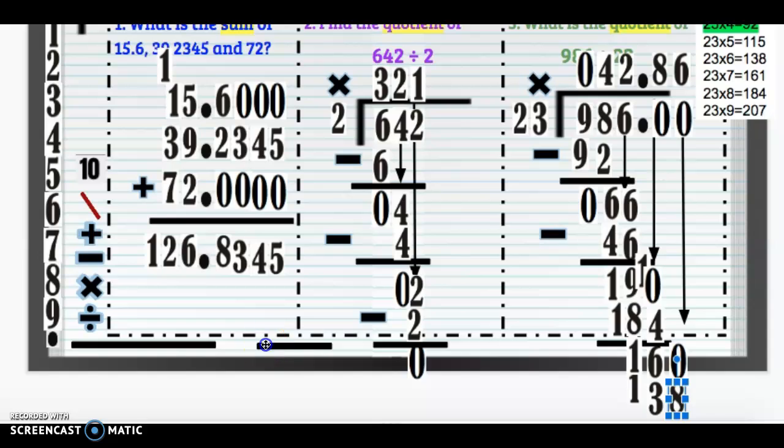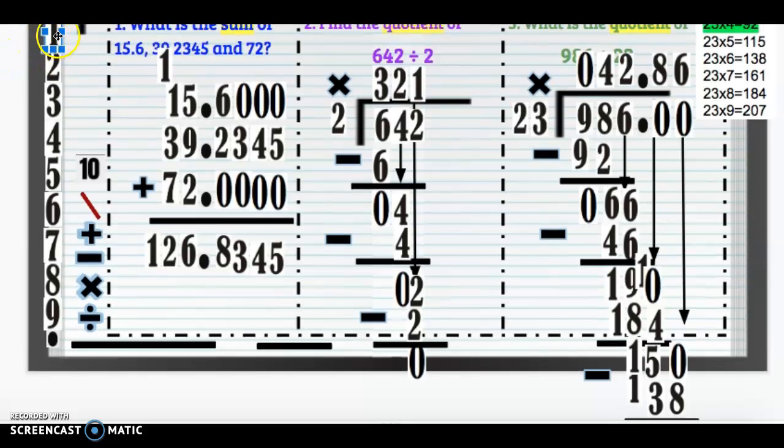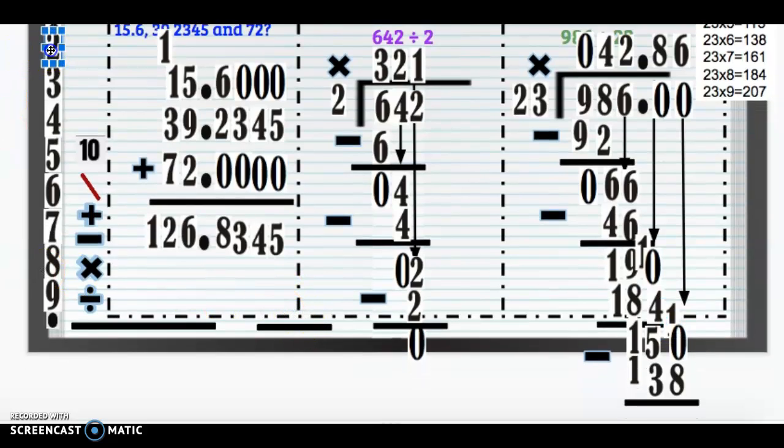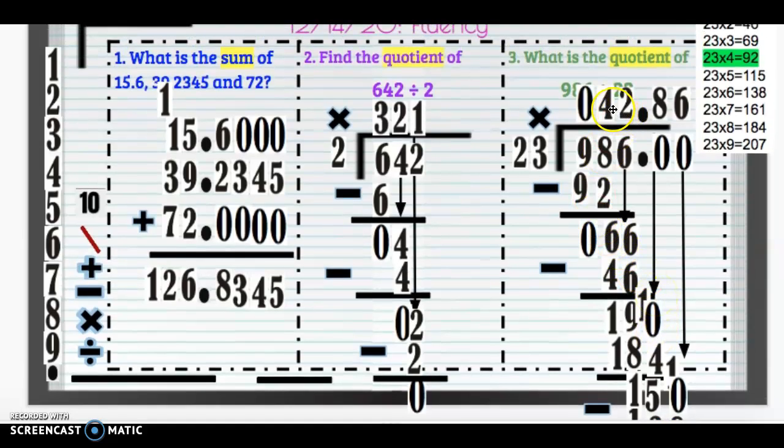All right, and then you're going to subtract that. 0 minus 8 I can't do, so the 6 becomes a 5, and the 0 becomes a 10. 10 minus 8 is 2. 5 minus 3 is 2. And like I said, I always do 2 numbers after the decimal point so I can stop. If you wanted to, you could keep going, but right now our answer is 42.86.